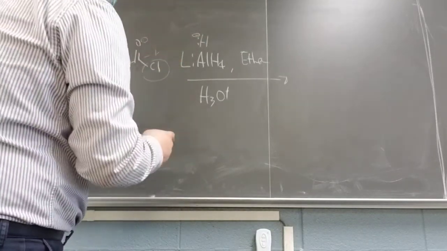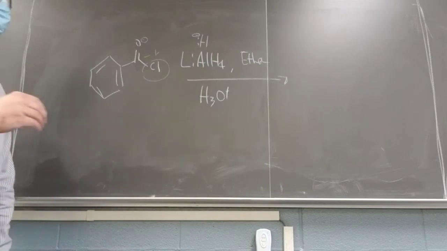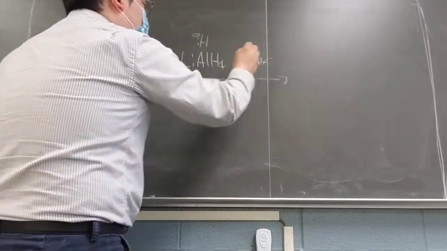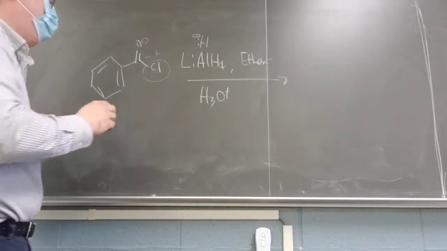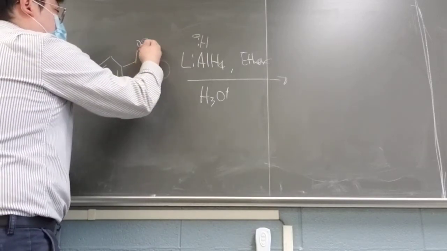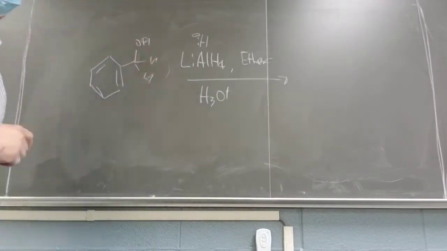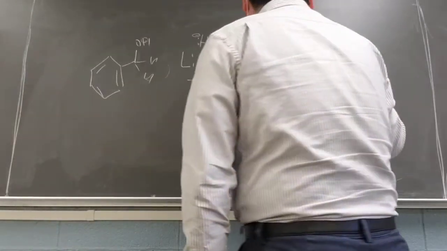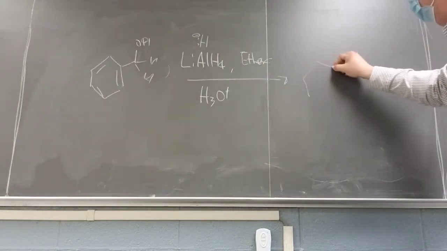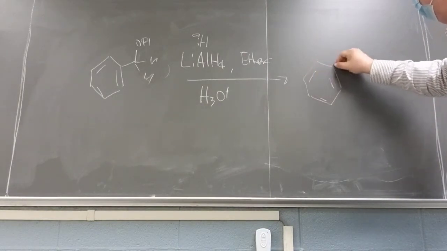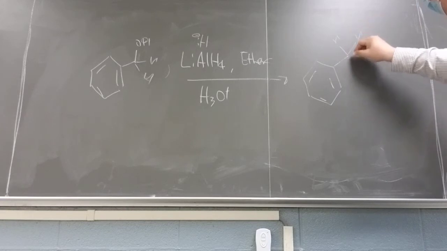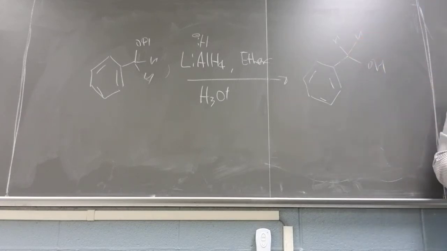Okay, so basically the bottom line here is you're just going to remove this one, and then you're gonna have protonated the carbonyl group, so it will be reduced. So it will be just this one. Okay, this is the one reaction we did on Monday.